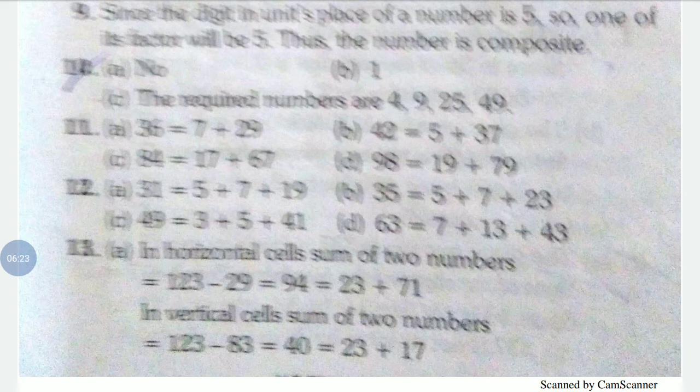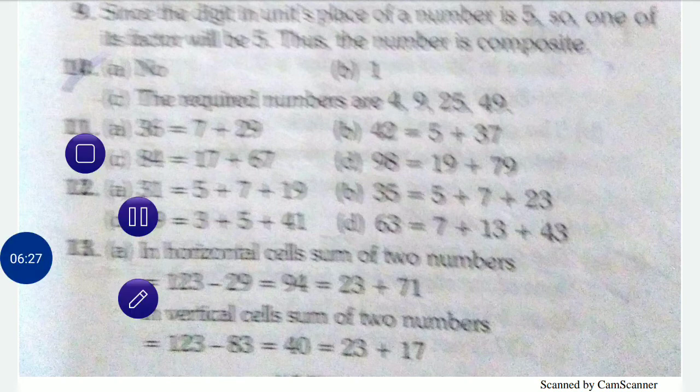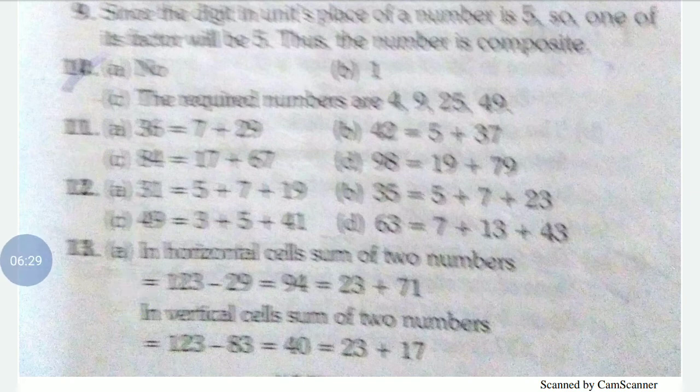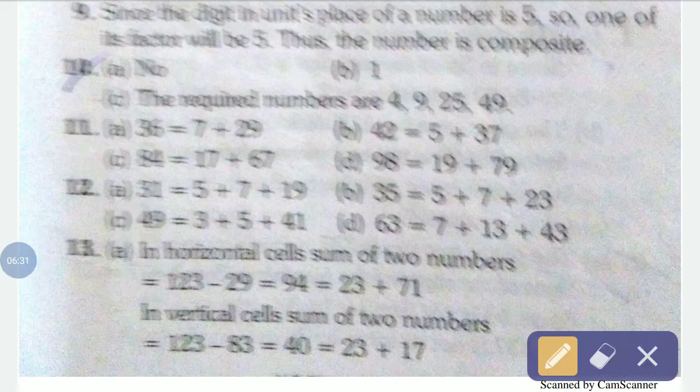So we can take the combination of 23 and 71. So the other numbers can be 23 and 71 horizontally.